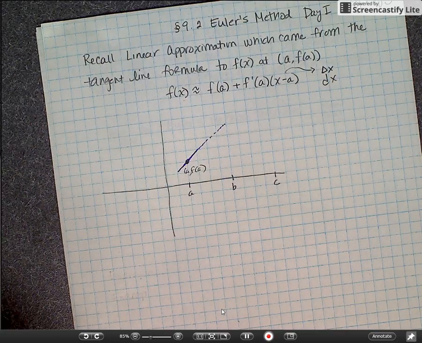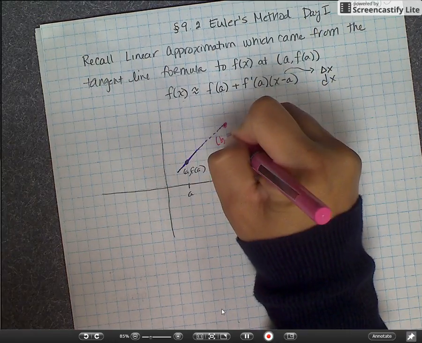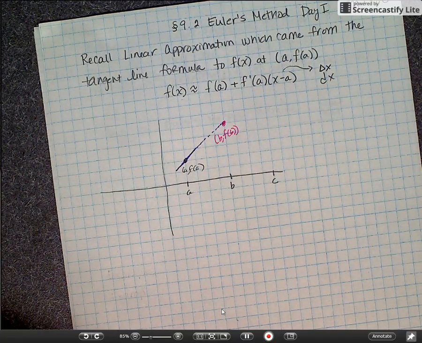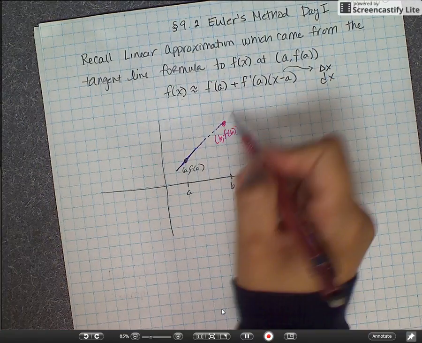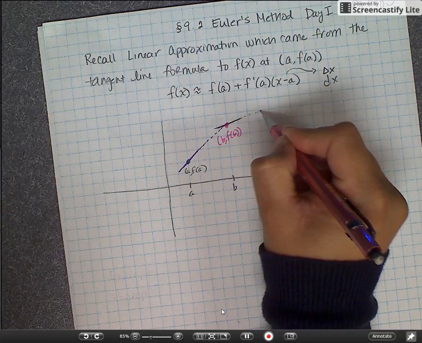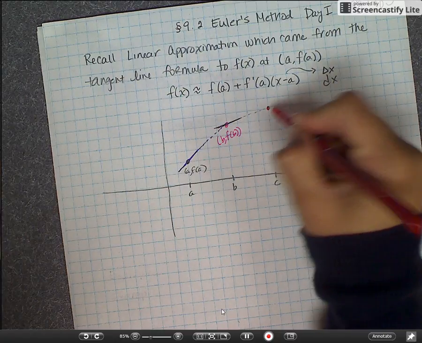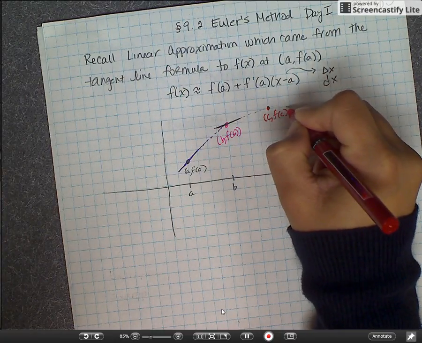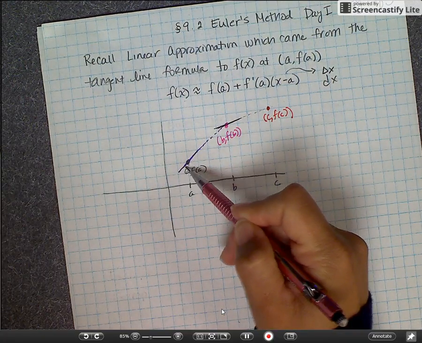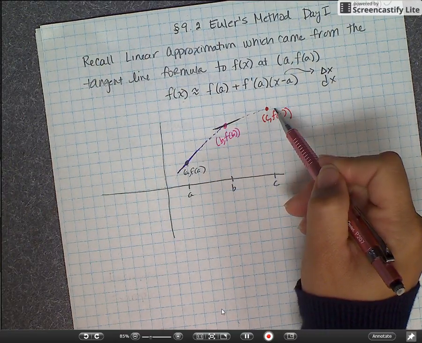Okay, which now lands us at our next point, B. So here we have B, f of B. All right, and let's suppose we have a new tangent line approximation, which now takes us in this direction. And if we follow this tangent line, there is our C. And this is going to be C, f of C. So what we're doing is we're using our tangent line at this point of tangency to help us approximate another point on the curve of f of x, supposing we don't know exactly what the curve of f of x is.